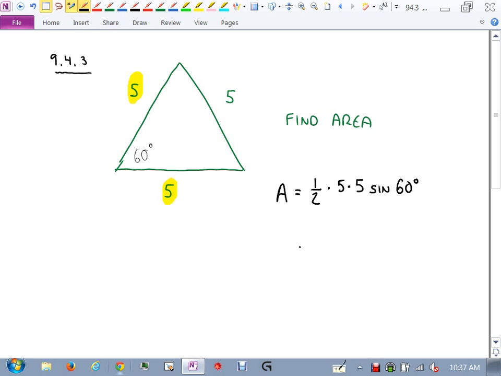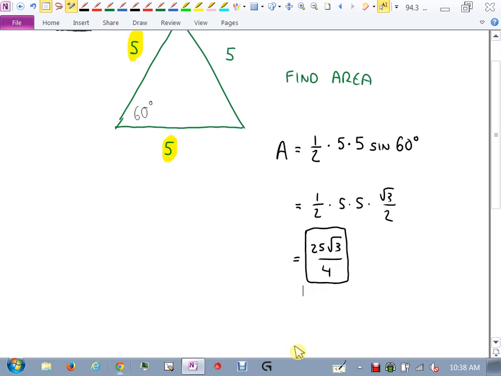So this becomes 1/2 times 5 times 5 times √3 over 2, which all comes out to be 25 √3 over 4. That's the area of that triangle. I didn't have to draw a right triangle, I didn't have to do Pythagorean, I didn't have to do any of that, right? It was straight away. Understand?